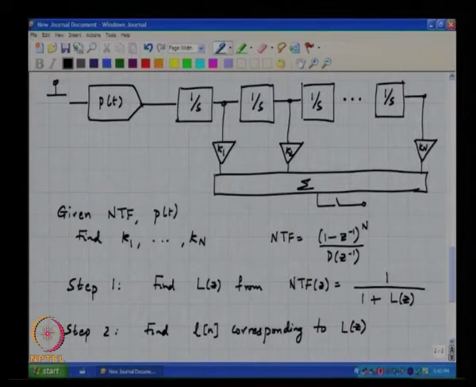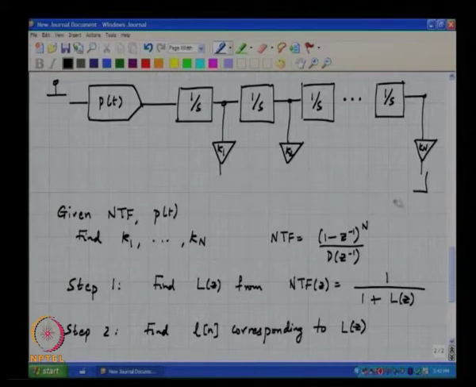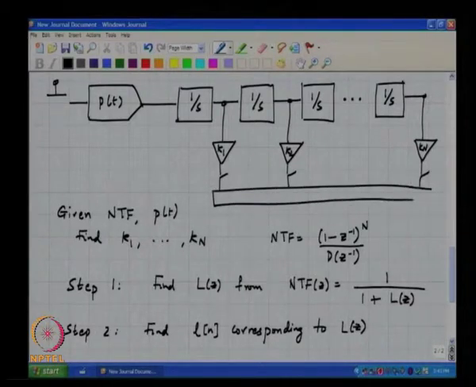So, I can always move the sampling before the summation, correct. So, in other words, I sample the outputs of this chain of integrators and then form the discrete time sequence, which is the sum of the samples of the outputs of these integrators, correct.